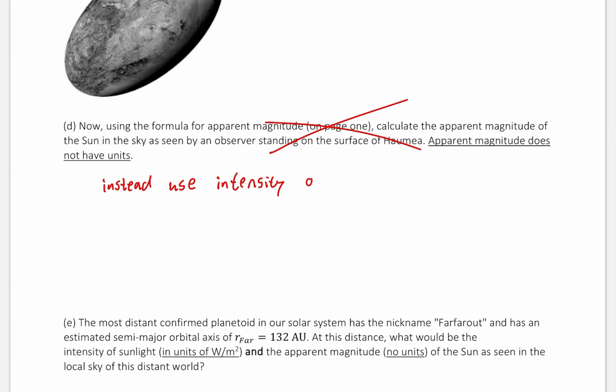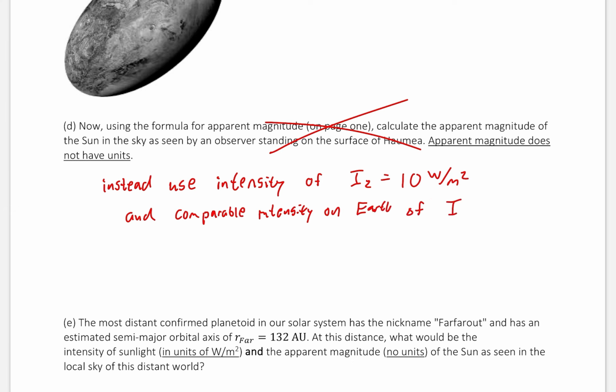So we're going to use an intensity of I2 equals 10 watts per square meter, and a comparable intensity on Earth of I1 equals 1370 watts per square meter.